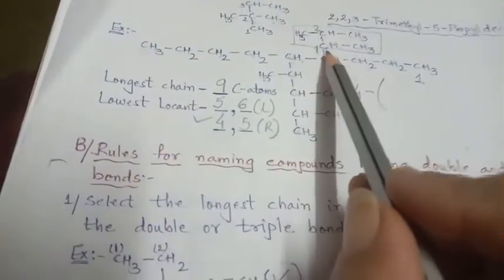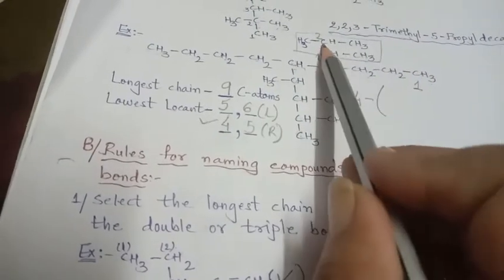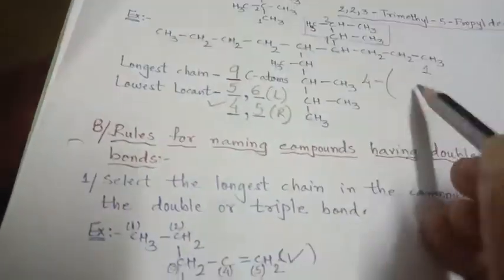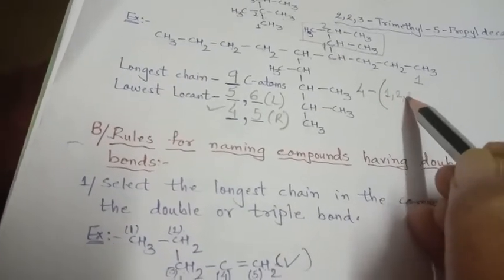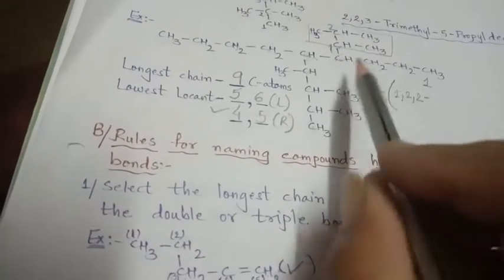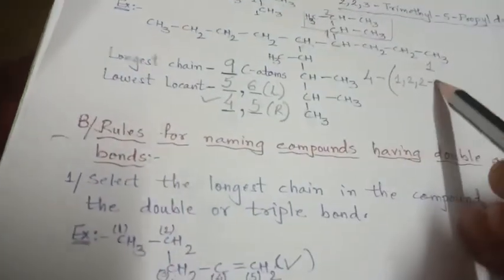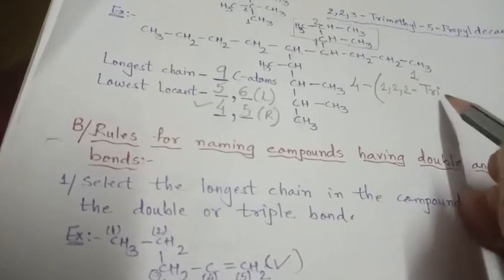Clear? Now see, on one carbon, 1 methyl group, on second carbon, 2 methyl groups. So we will write 1, 2, 2, hyphen, all are methyl, methyl, methyl, methyl. How many? 3.